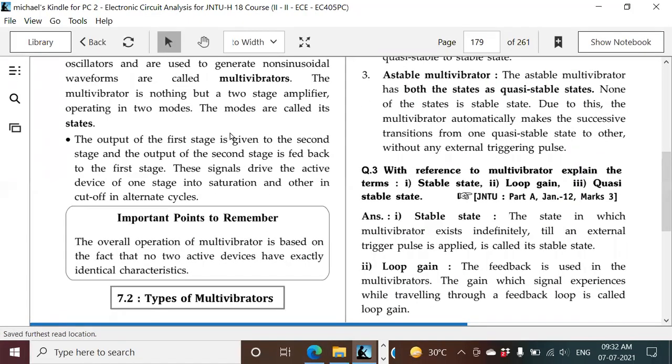The important point to remember is that any components, even though you manufacture them under the same conditions, do not have exactly identical characteristics.